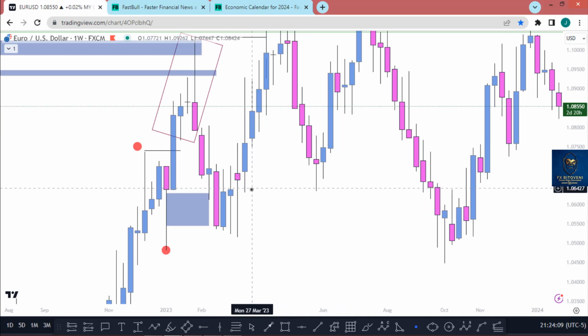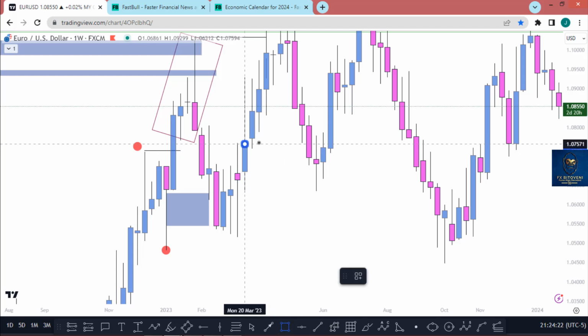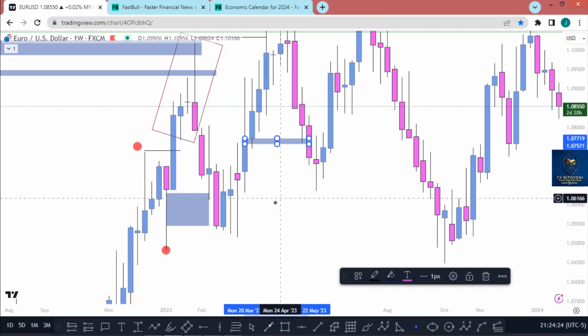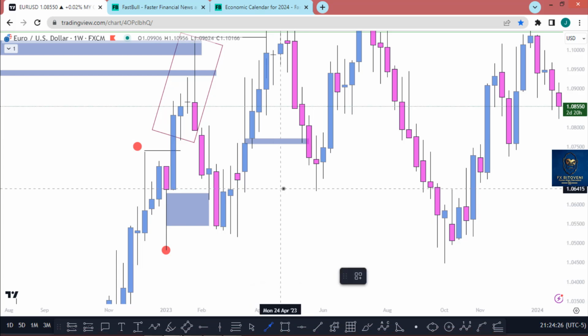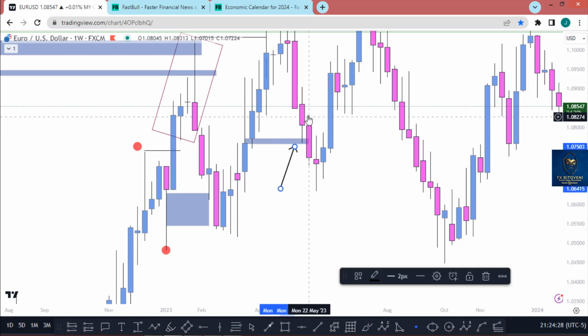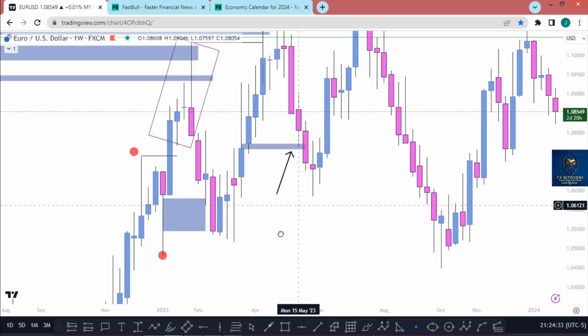There is nothing here, guys, because everything is mitigated, except this one. As you can see, the market may react to this, just for a small push to the upside. But if there is no break of structure, you have to stay away from that.